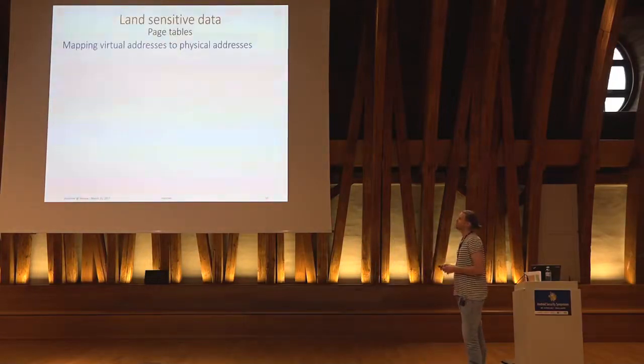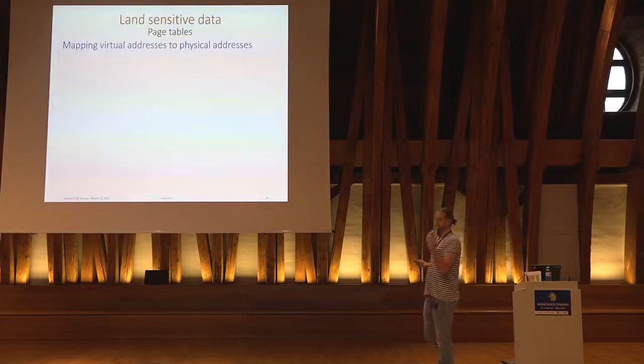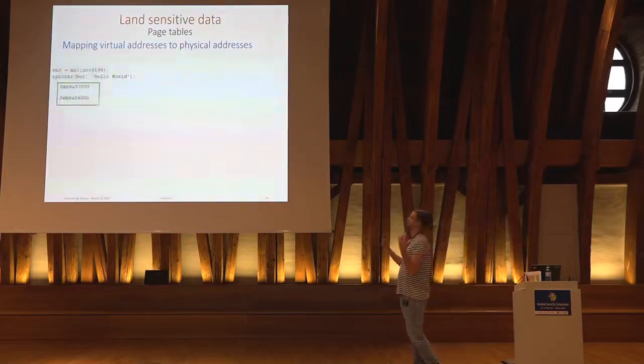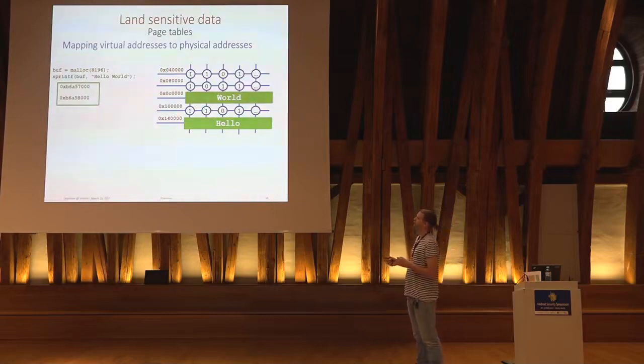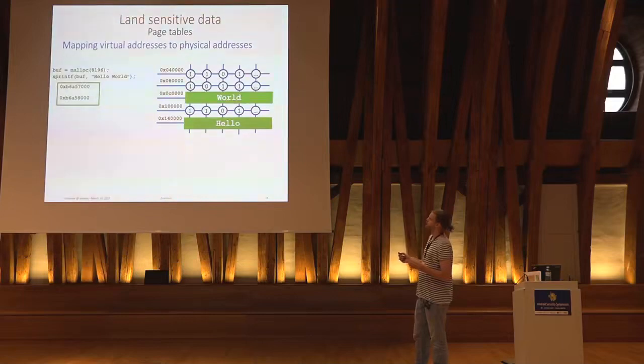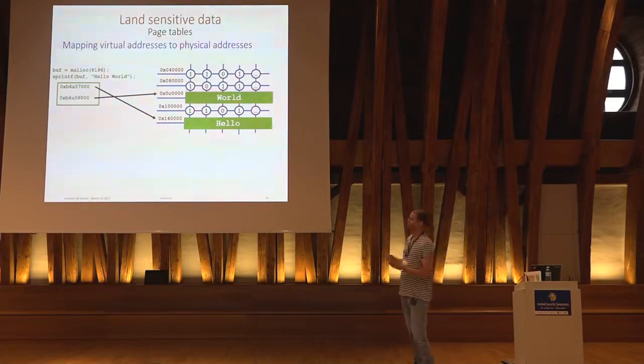Page tables are used to map virtual addresses to physical addresses. So back to the similar example from before, we have a simple user space program here with a simple buffer allocation, and then here in physical memory, for some reason, this word ended up above the first word, and we end up with this mapping.